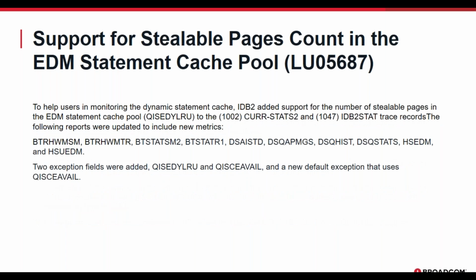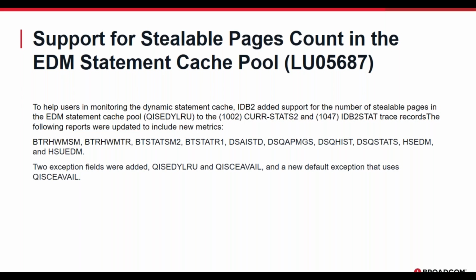The support for stealable page count in the ADM statement cache pool was introduced with LU 05687 to help users in monitoring the dynamic statement cache. We added support for the stealable pages in the ADM statement cache pool in IFCID 1002 and IFCID 1047 in the trace records, and updated the relevant reports.